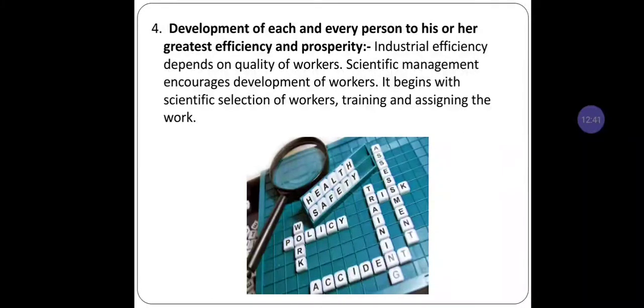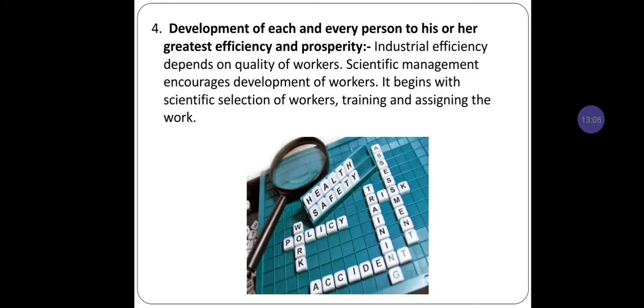Taylor is telling that when managers appoint workers, they should give proper, very good training. With training, the organization can also increase productivity. This is called development of each and every person to his or her greatest efficiency and prosperity.